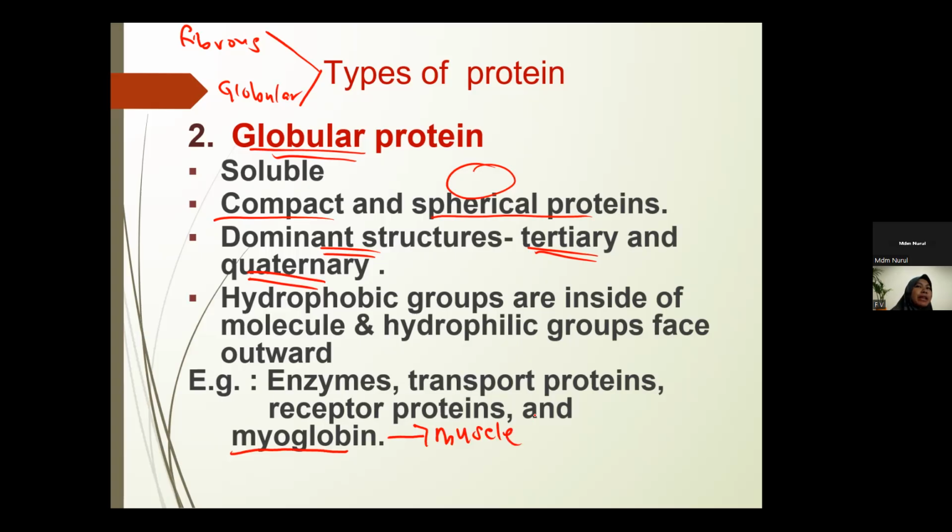Angkat ataupun bind with oxygen. Sama juga. Cuma dia boleh bawa berapa oksigen? 1 oksigen sahaja. For every myoglobin, 1 myoglobin can bind to 1 molecule of oxygen. And that 1 oxygen will be simpan or stored in muscle. Dia akan simpan dalam muscle.